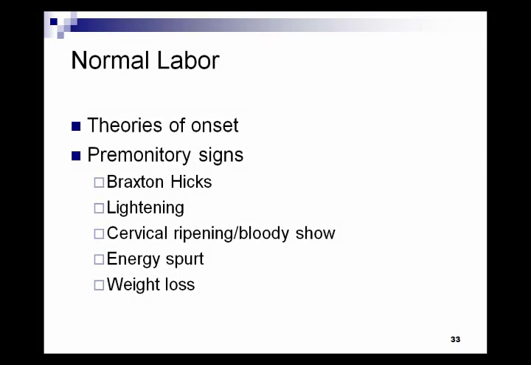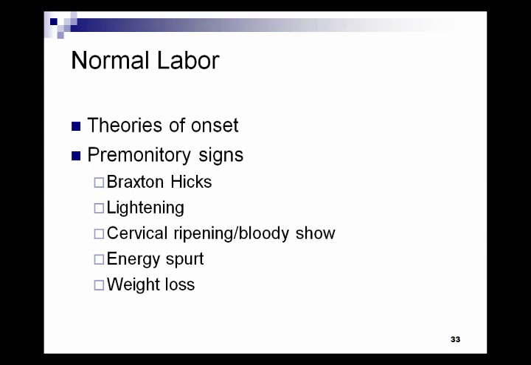So if someone's Braxton Hicks starts getting stronger and stronger, she may drop. The term we use is lightning. If it's a first-time pregnancy, she may drop 4 weeks before she's due. And if she's had children before or multiple pregnancies, they may not light until right when they go into labor.